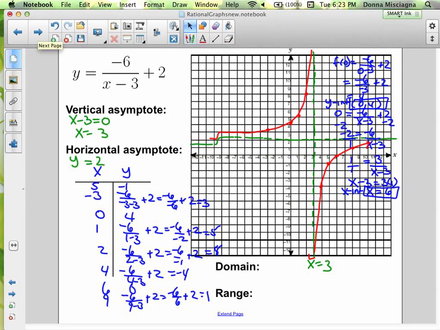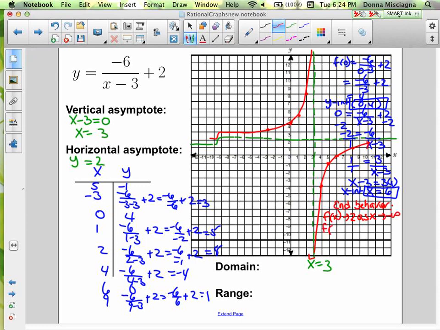Right? So I'll put the end behavior over here because this is the easiest place on the board to write. So f of x is going to approach the asymptote, that would be approaches 2 as x approaches negative infinity.